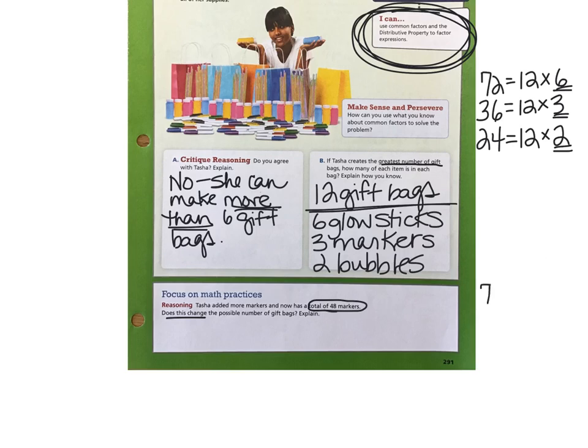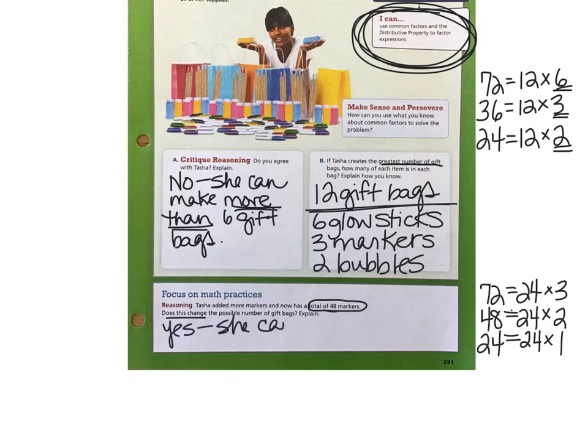If I change the number of markers from 36 to 48, does that change the greatest common factor of 72, 48, and 24? And the answer is yes. Now she can make 24 gift bags because when she makes 24 gift bags, she will have fewer items in each gift bag, but she can make more. So in this case, yes, it changes.